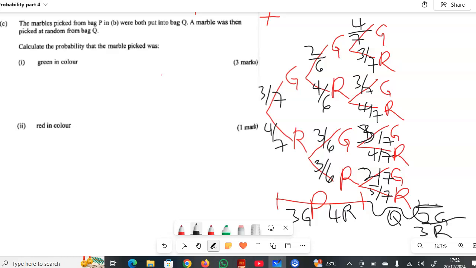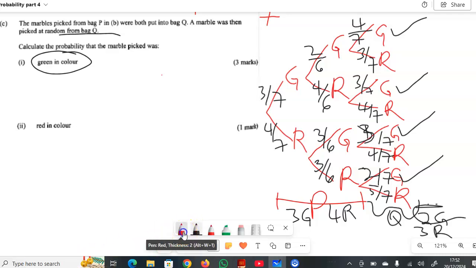We are required to answer the question, the probability of, when you now look at the green in bag Q, we are going to pick a green. So where do you have green in Q? This is in Q, so you are going to have either that case, that green, or even that green. So we have those 4 scenarios that you can have green in the bag Q. So let's calculate that probability.